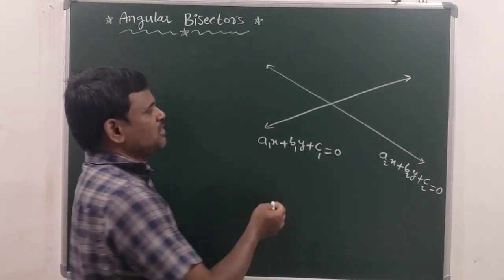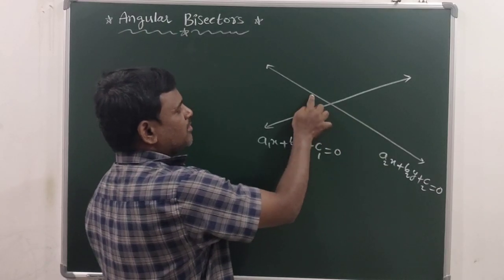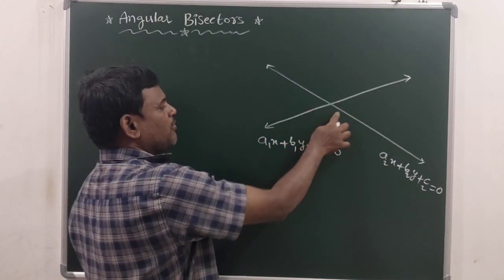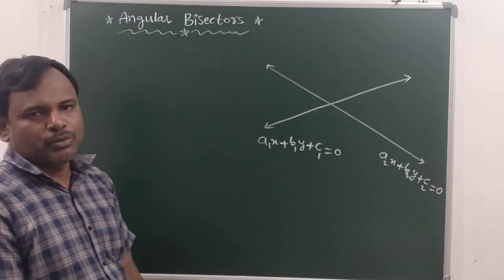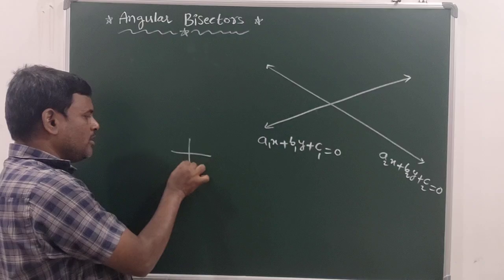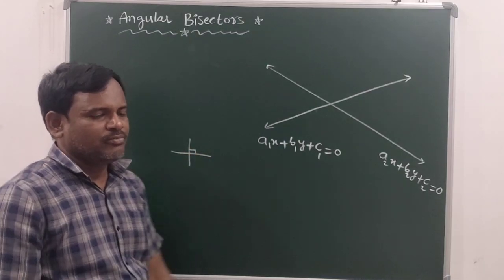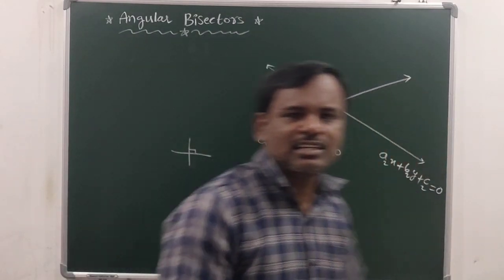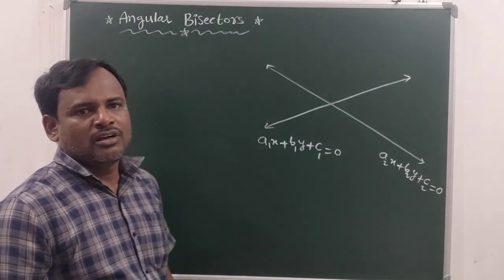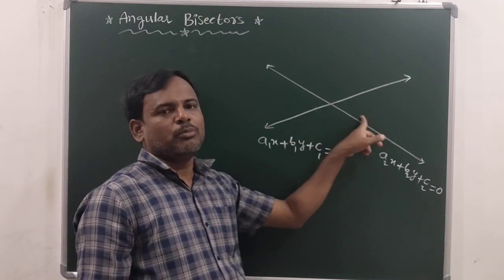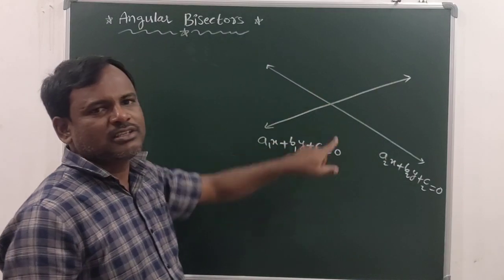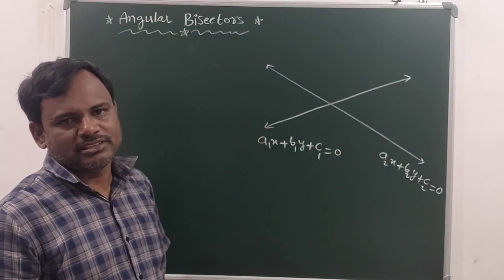So you know students, see, this is one pair of opposite angles and this is one more pair of opposite angles. Unless they intersect 90 degrees to each other, one pair of opposite angles are acute angles and one more pair is obtuse angles.